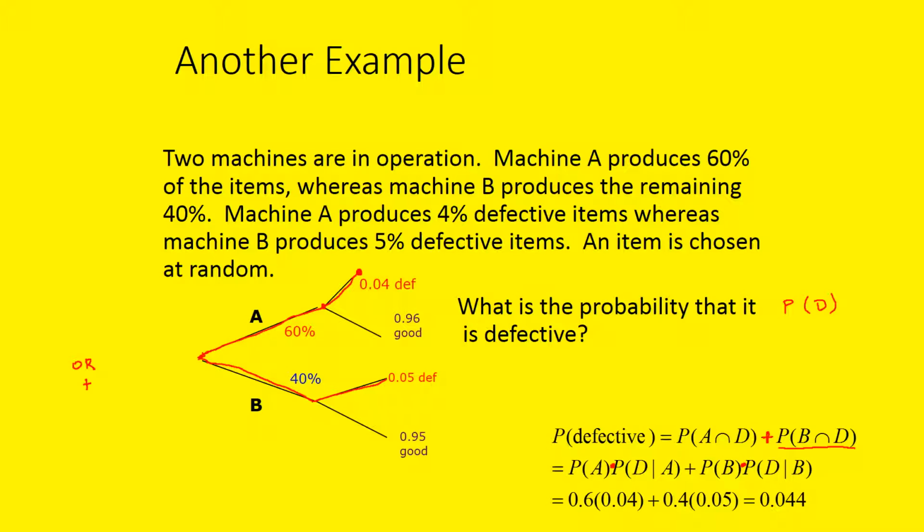So it's an and at that point, probability of A and defective, which you'd have to multiply the probabilities because of the and. Multiply the 60% and the 0.04, right? These guys, they don't happen often. It's only 60% of 4%, which is a little more than 2% of the time you get machine A and defective.